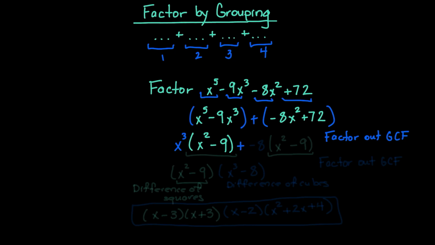Greatest common factor between -8x squared and 72 is going to be -8. And we're left with x squared minus 9. Both of my terms now have x squared minus 9. So we again factor out the GCF.